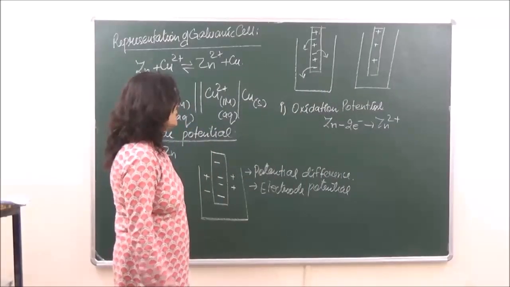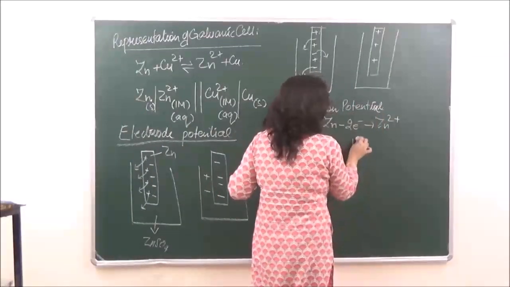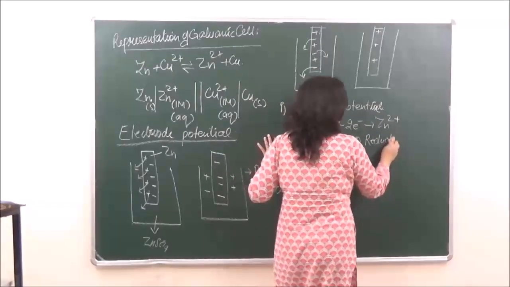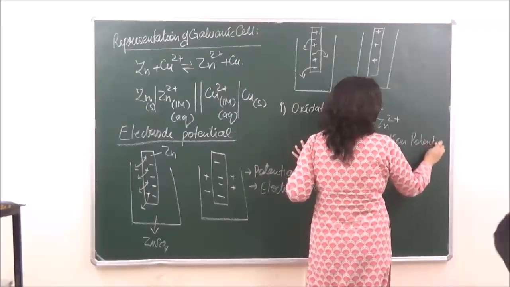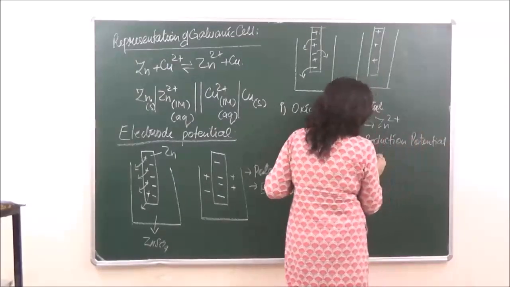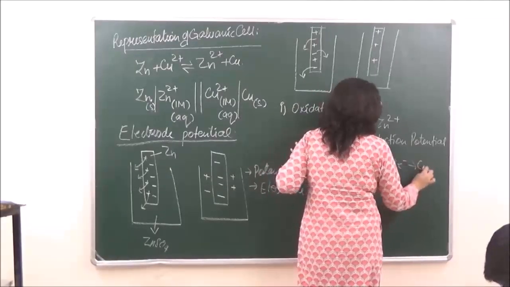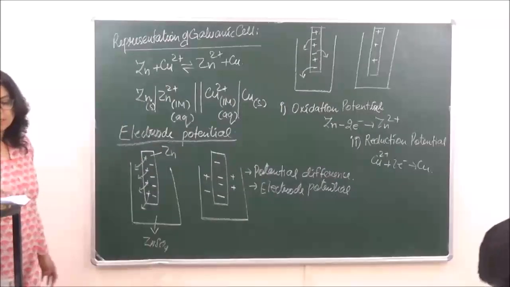Whereas in the second case, the electrode potential is known as reduction potential, because Cu2+ is gaining 2 electrons to give us Cu.